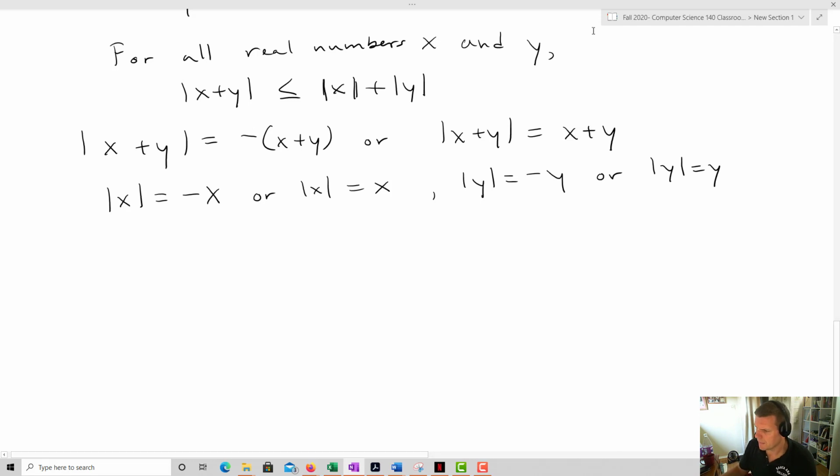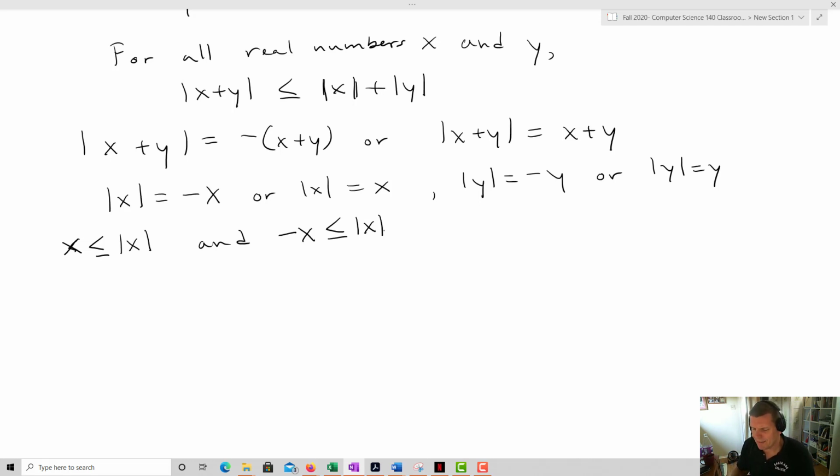In any case, if you think about this, it makes some sense: x is always going to be less than or equal to its absolute value, and negative x is always going to be less than or equal to its absolute value, right? And the same can be said in the case of y, and the same can be said in the case of x plus y.